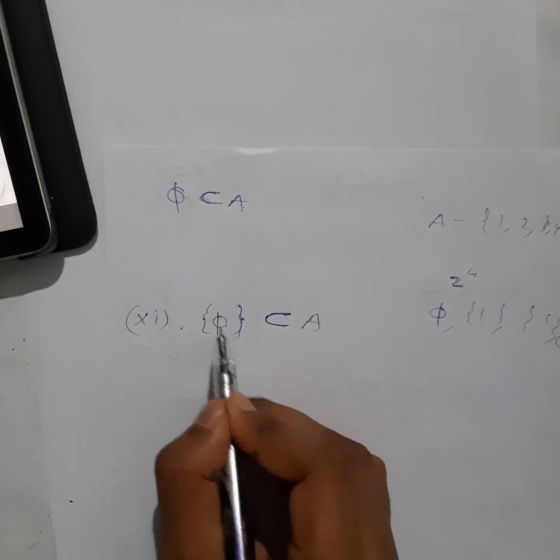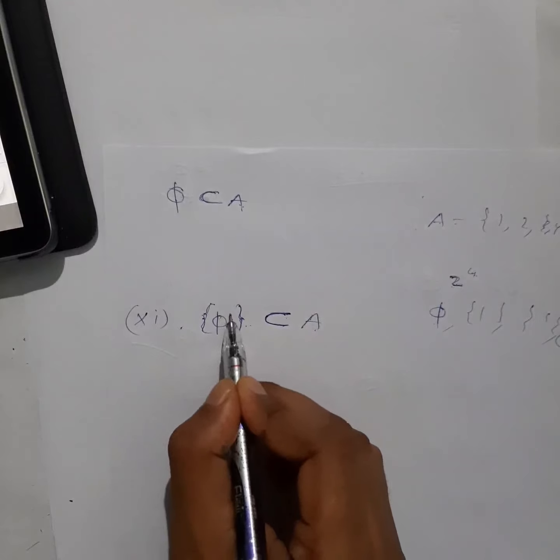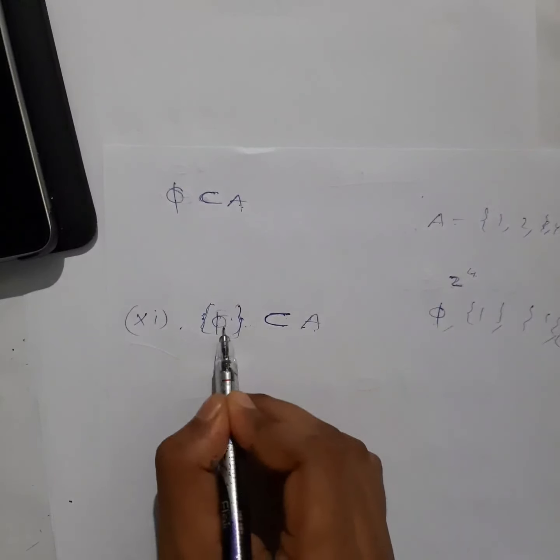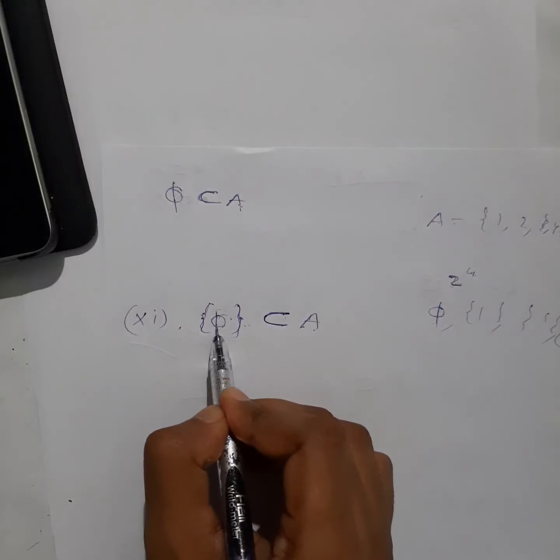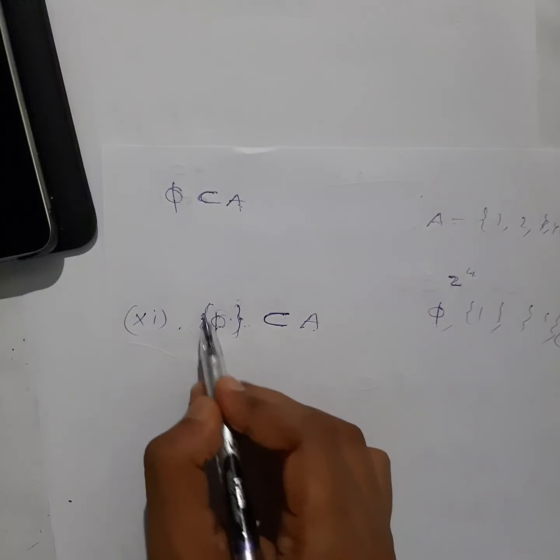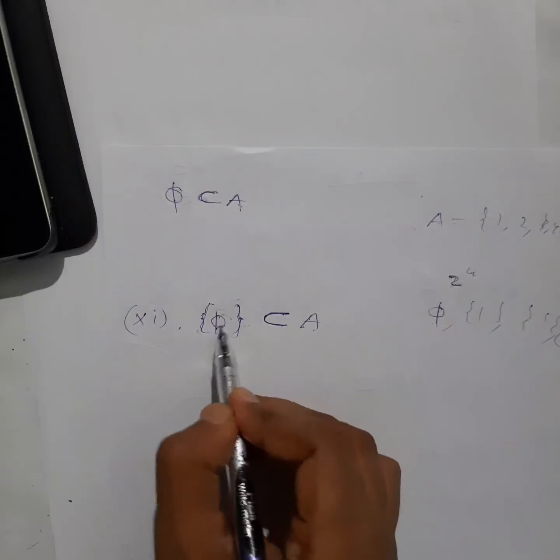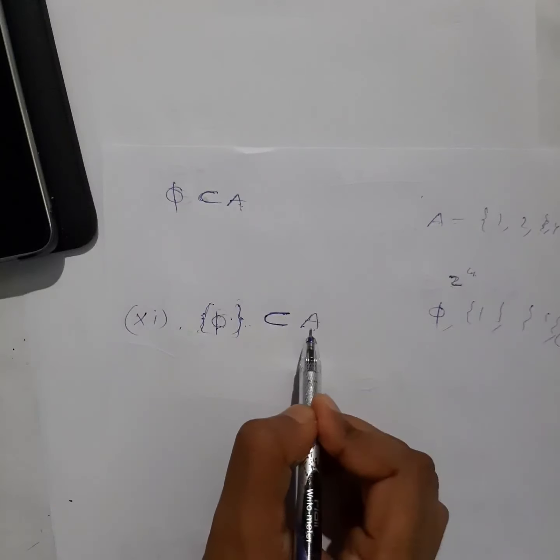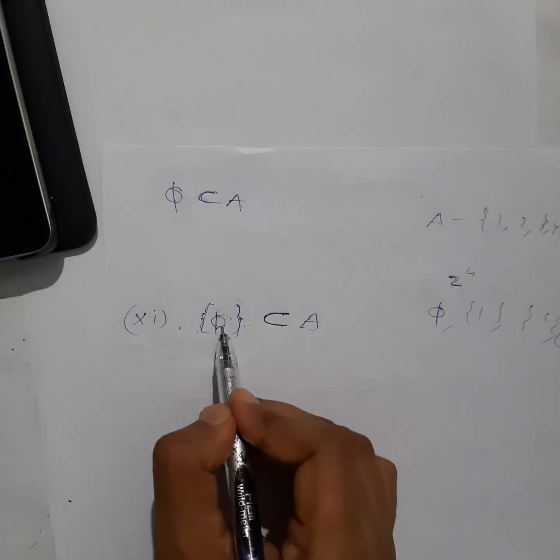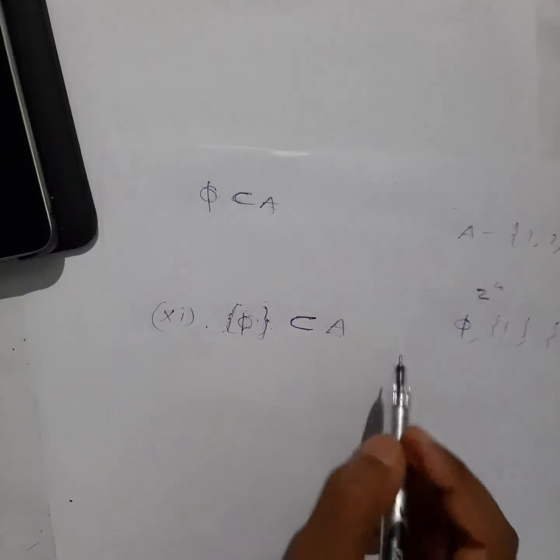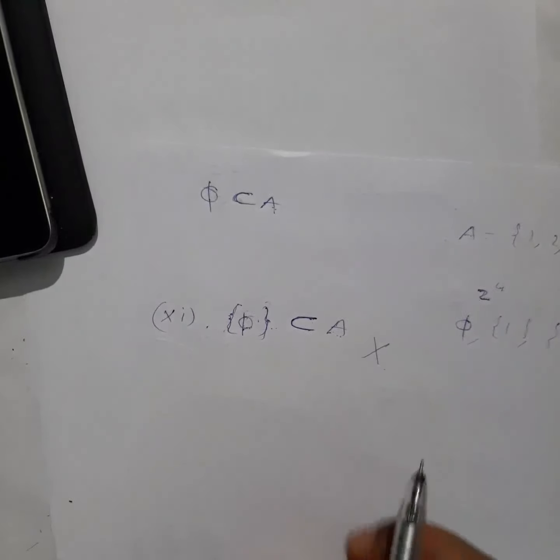So okay, a set is there. Now see, what is this? Is this an element of A? Obviously no, this itself is a set, and this can happen only in a power set, right? So this is not an element of A. Okay, so phi is not an element of A, so this is a wrong statement.